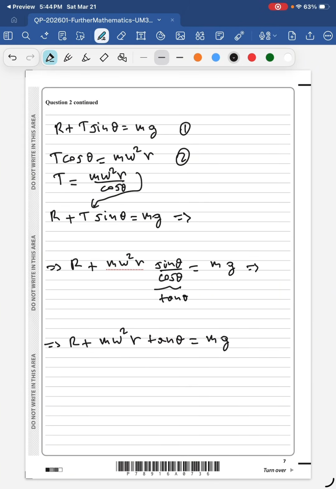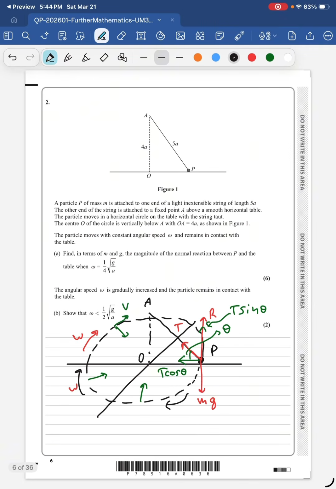And now we can use some information they give us. So r from the scheme is, what is it, 3a, because if that's r, we have r squared plus 4a squared is equal to 5a squared. Actually, this should be like that.